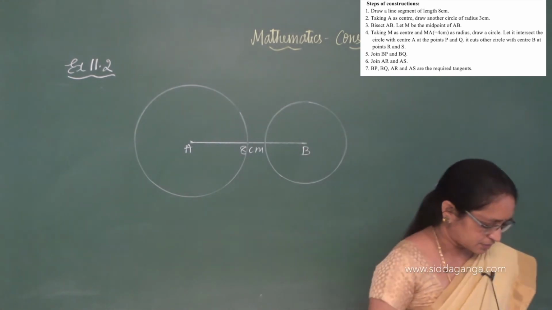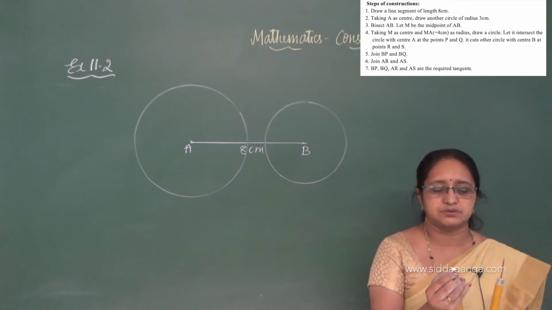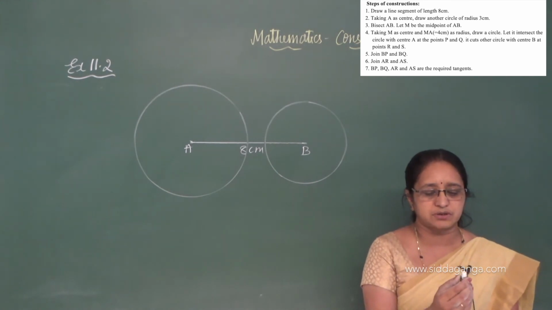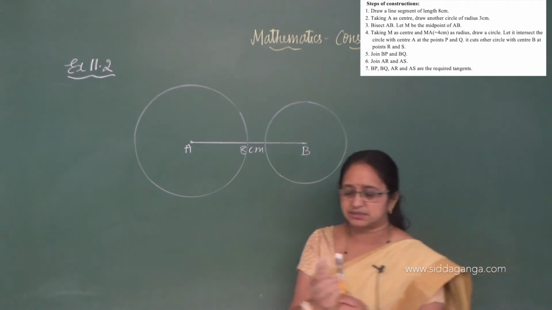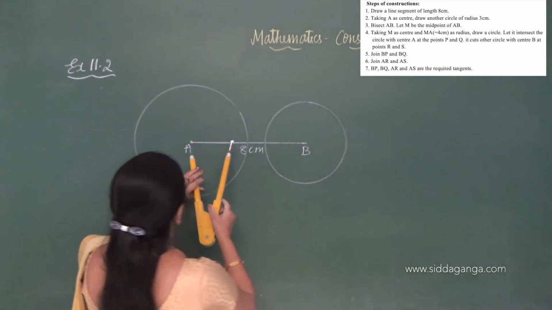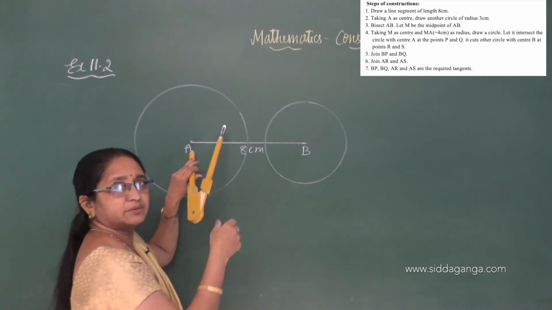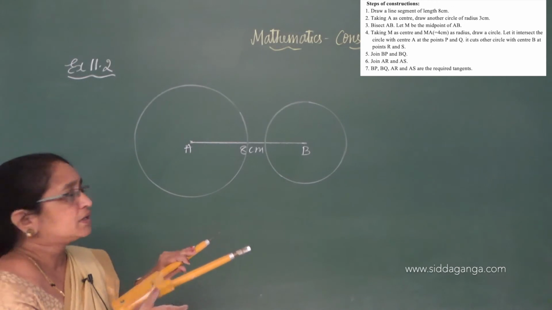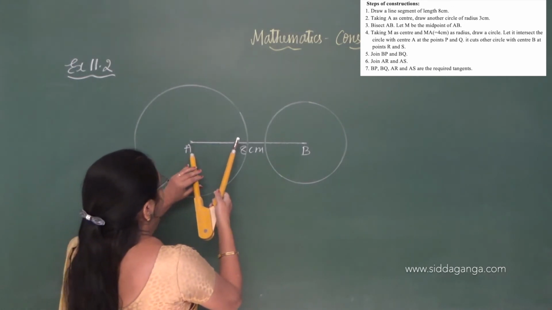Now, as usual you all know, to draw the tangent you need to draw a bisector. So I will draw a bisector now. I hope you can recall, in the previous sums we did, we used this.